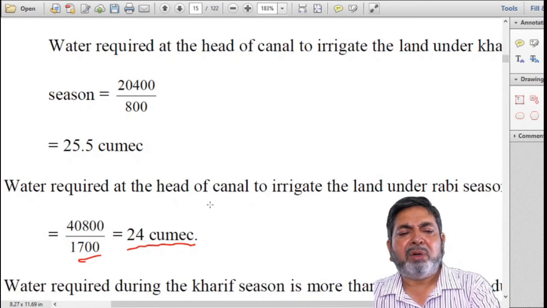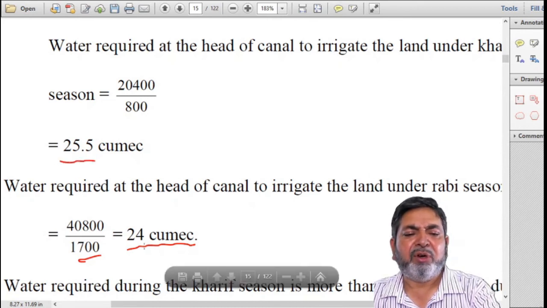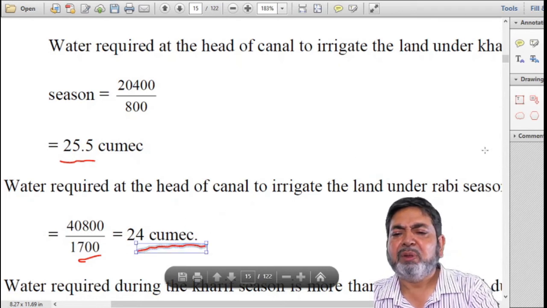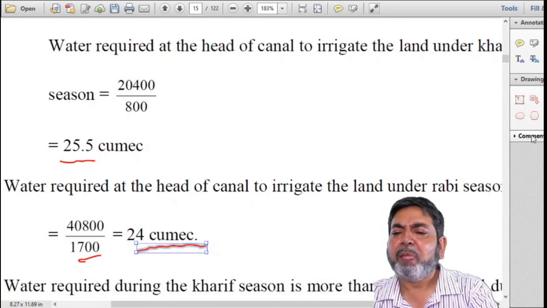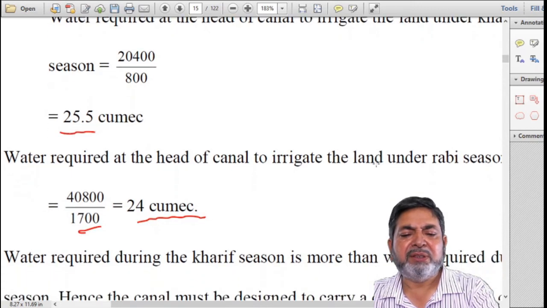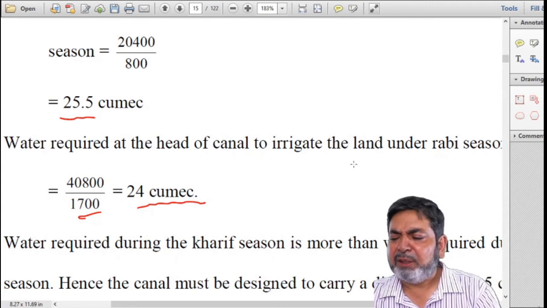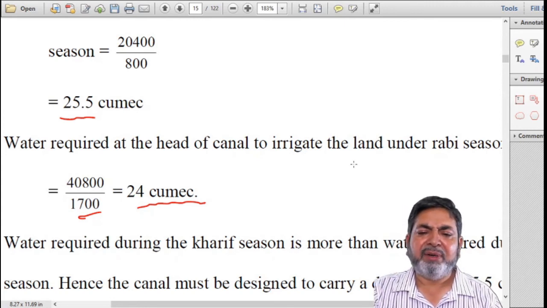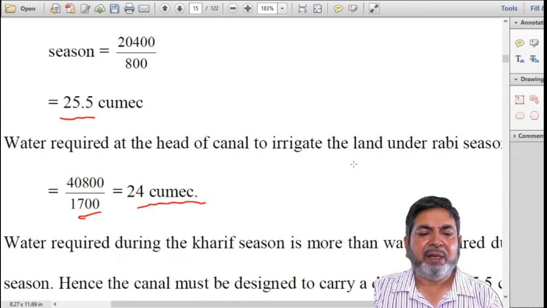Now out of these two discharges, one is 25.5, another is 24, you have to decide the discharge of the canal. So on what basis you will decide this discharge? Now you see that here you are given two seasons. One is Kharif season and another is Rabi season.